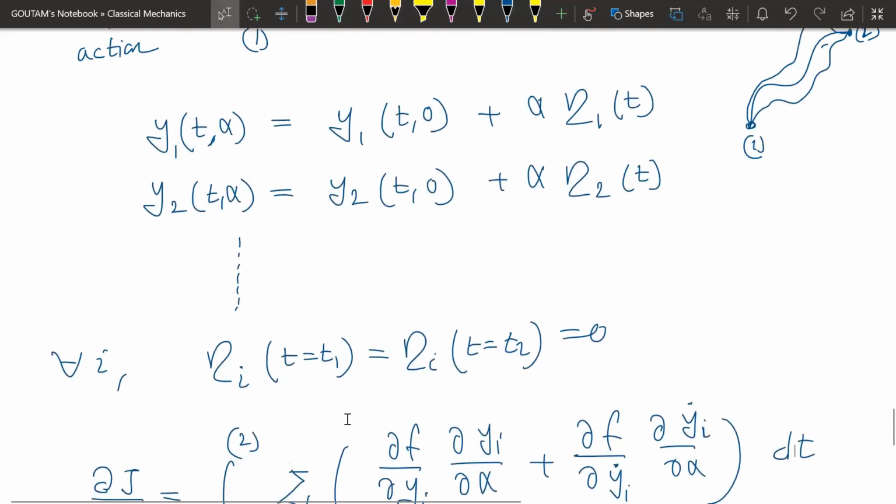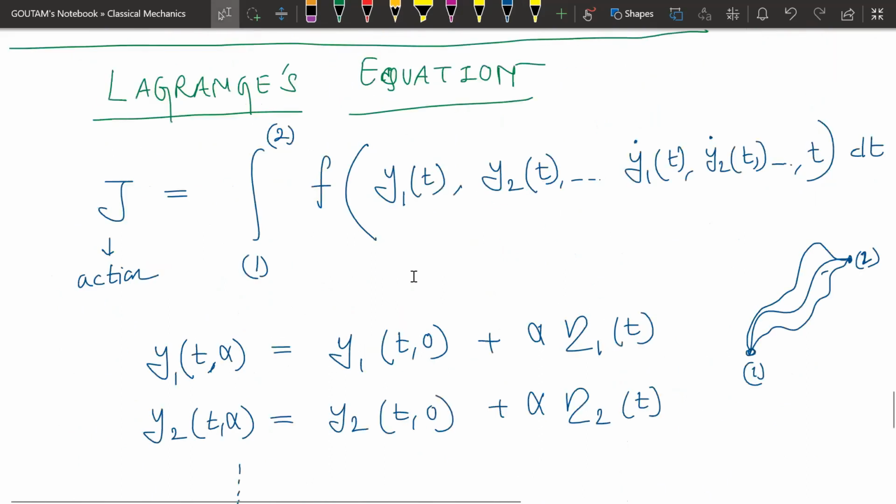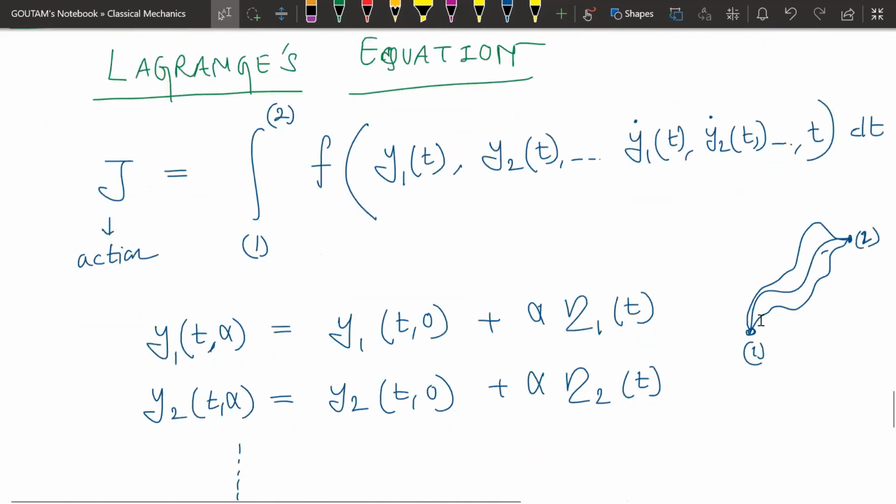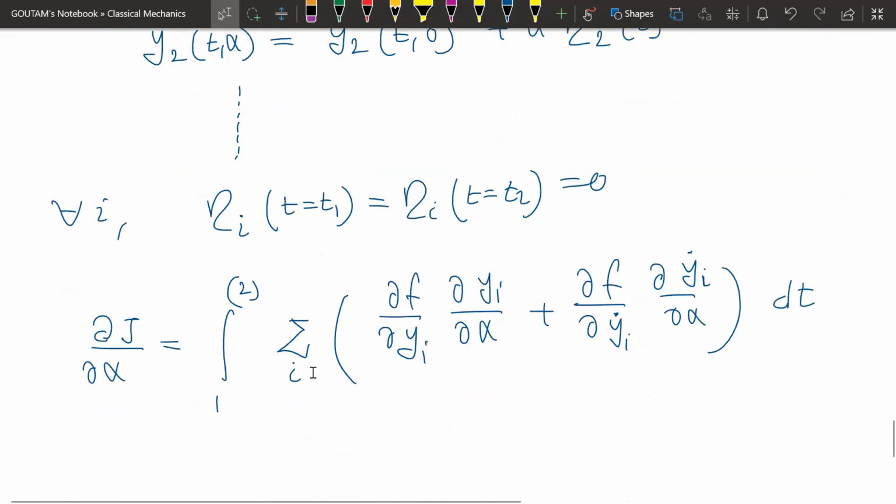Summation over i means that if there are n coordinates, i will go from 1 to n. For each y, y1, y2, y3, we get this kind of term, which will be summed.